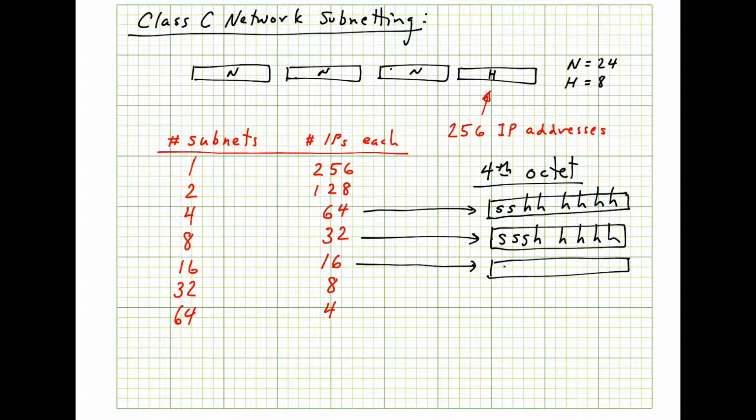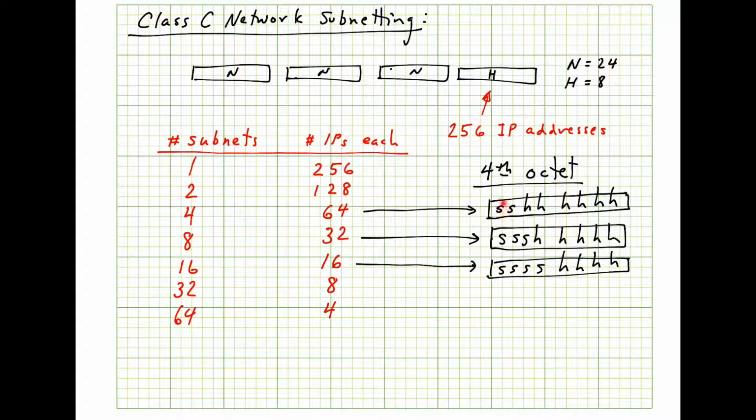So, for example, 4 subnet bits and just 4 host bits. You can see now that when I want 16 subnets, I need 4 subnet bits, because 2 to the 4th is 16. Likewise, I have 4 host bits now. 2 to the 4th is 16 again.